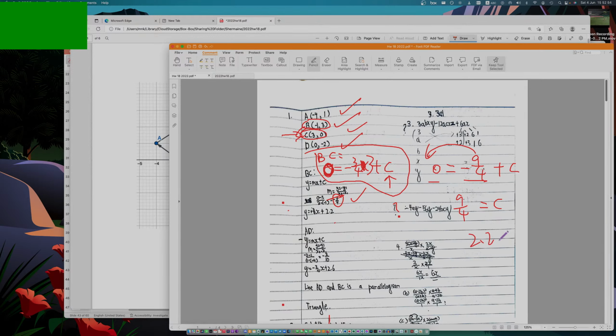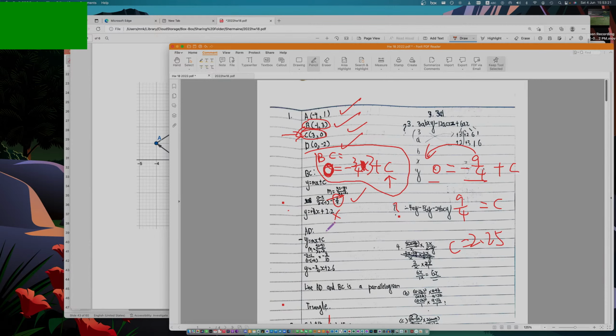Okay, so the answer C equals 2.25. And you are a bit off, so it's wrong. Okay, so good. This is the technique I want you to learn for part D as well.